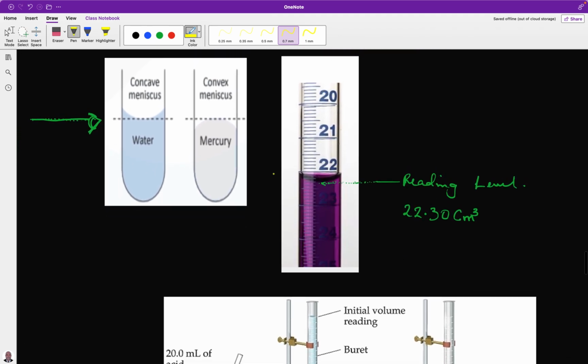In order to read this burette, you have to read from where the meniscus ends. The meniscus must sit on a line, and where it is sitting on that line, that is where you take your reading. For instance, in this case, it is 22.30 cm cube.